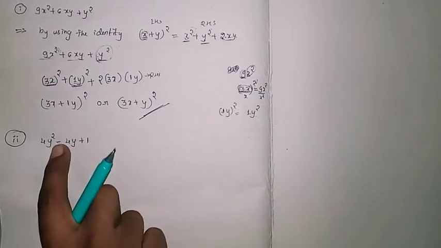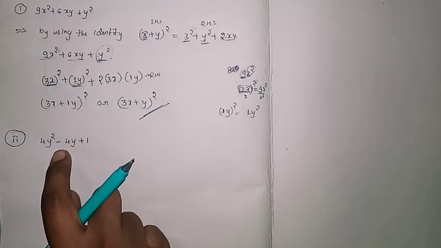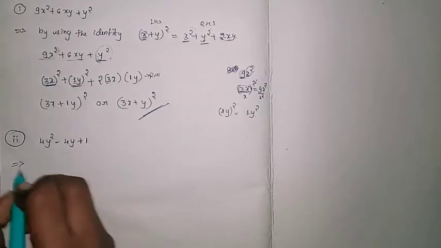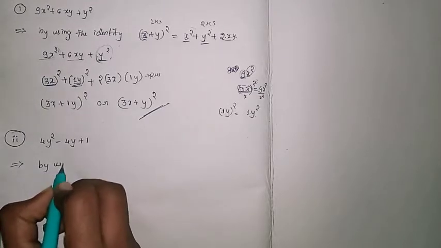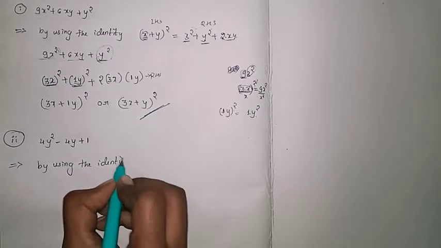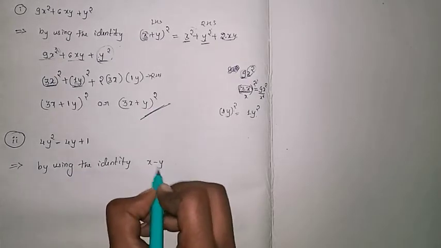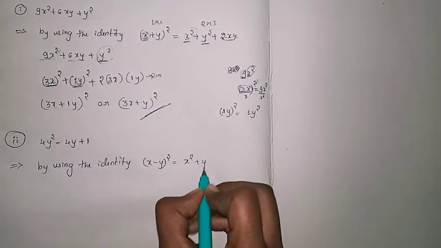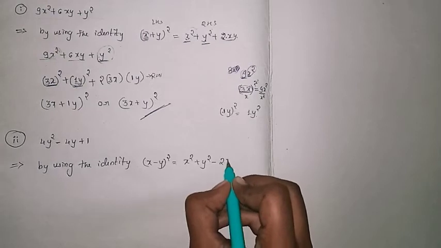So here, as it is a negative term, definitely it follows the second formula, that is (x minus y) whole raised to square. So by using the second identity, (x minus y) whole raised to square, here I am writing x square plus y square minus 2xy.